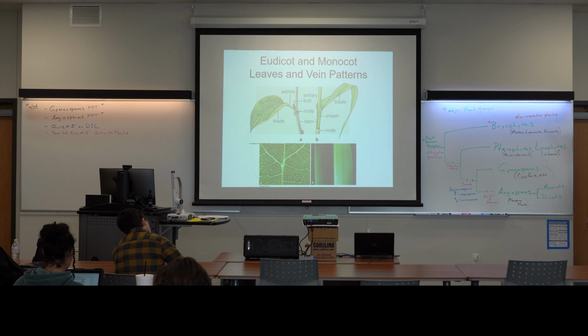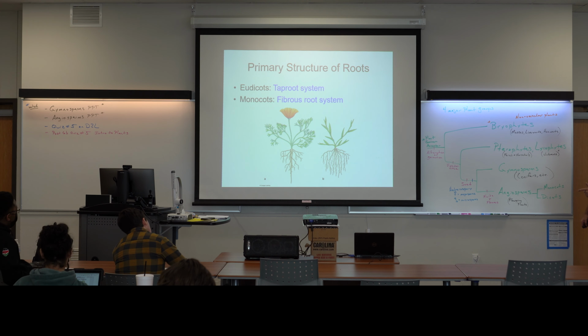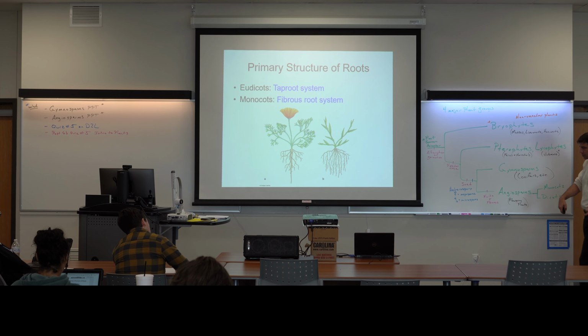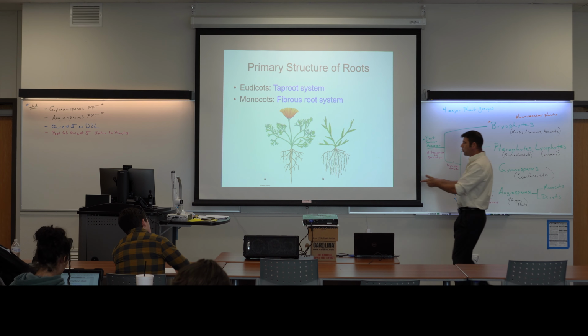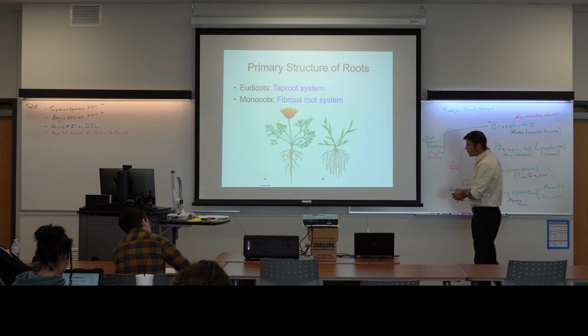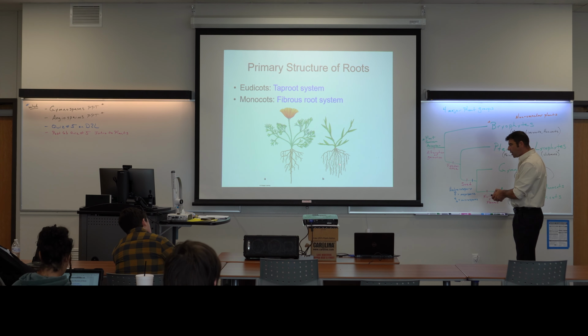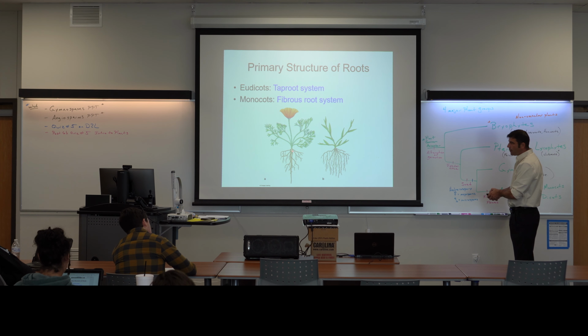That's 1. 2 on the list is the type of root. Sometimes you might not have leaves to go off of. You might only have root to look at. There's a difference between dicot roots and monocot roots. In a dicot root, there is a central, main root that we call a taproot. And then you can see off of that main taproot, there's a bunch of smaller roots that all branch back to that main taproot.